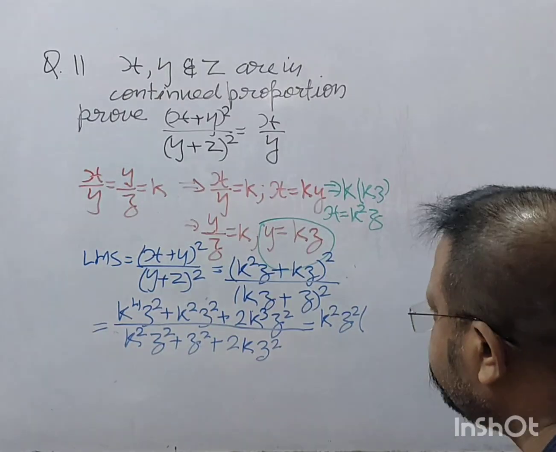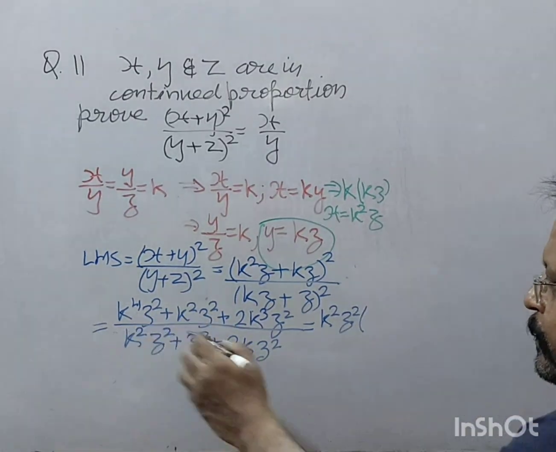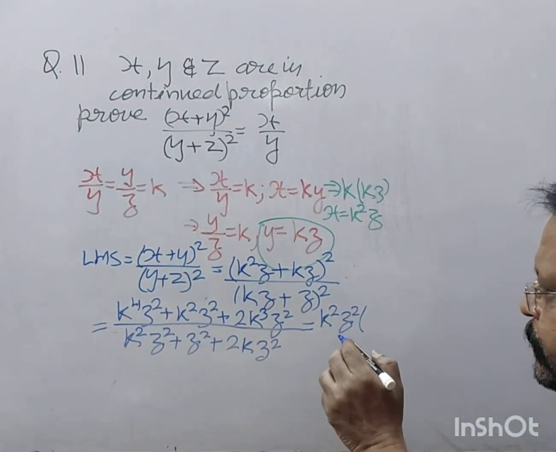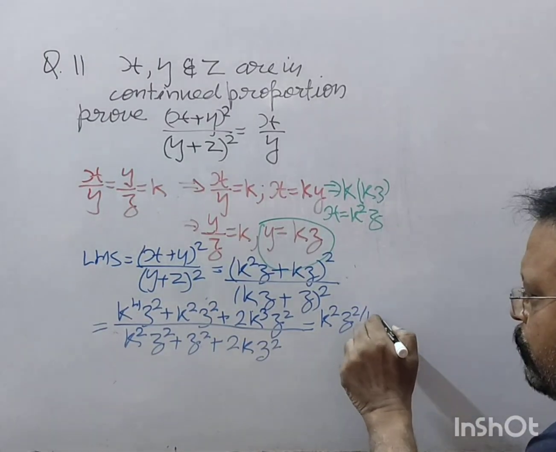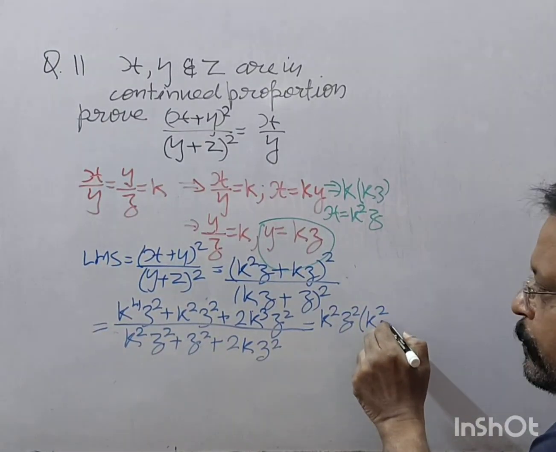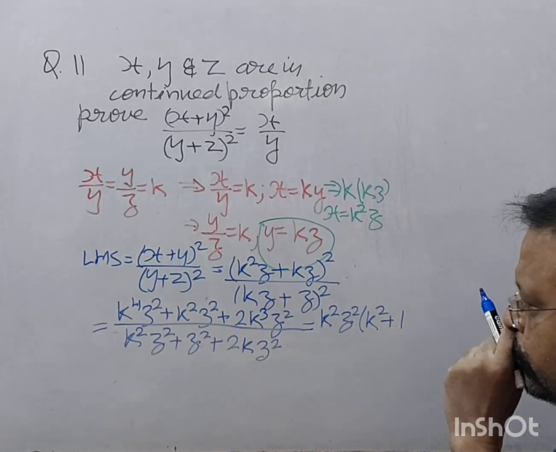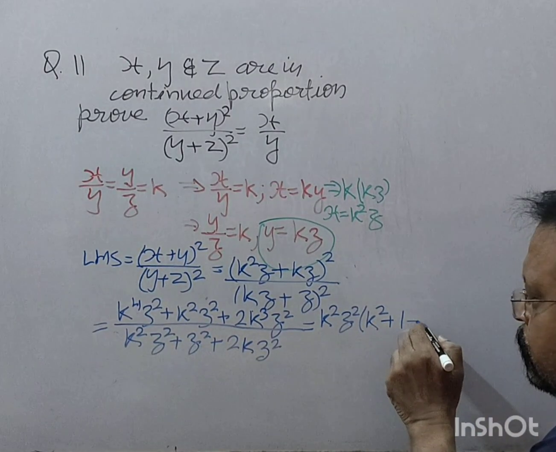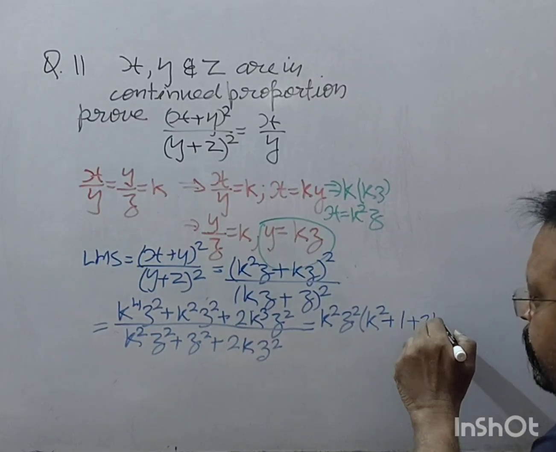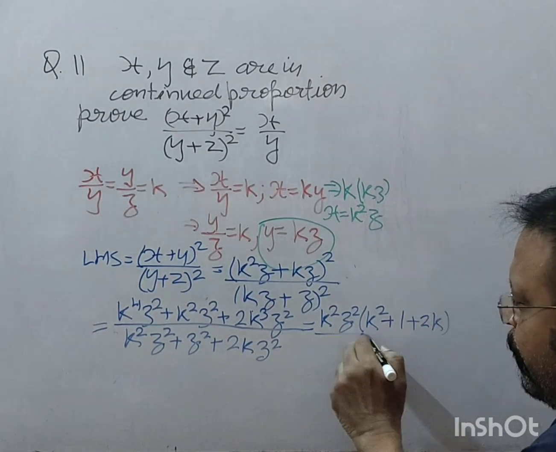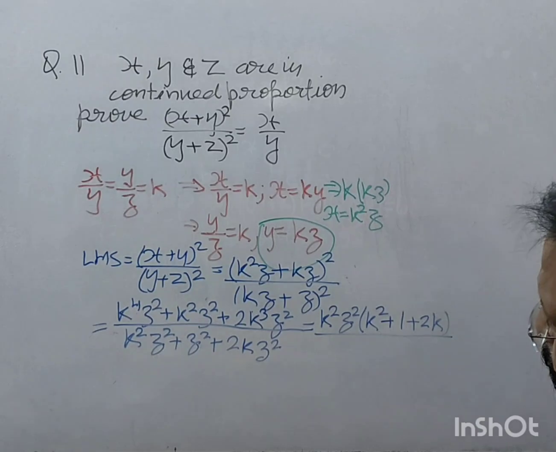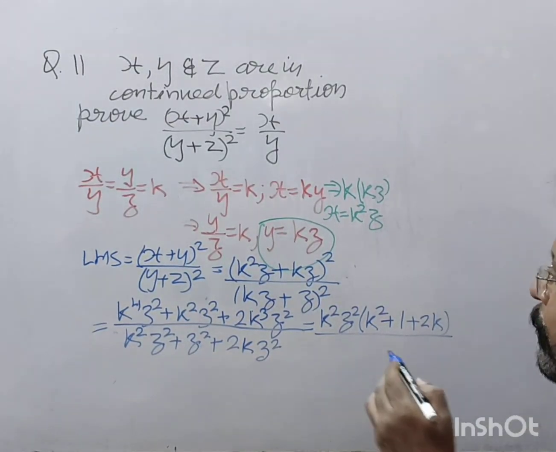Then what will be? This is k raised to the power 2, right? Plus 1 plus 2k.